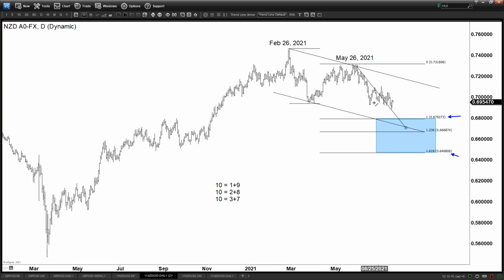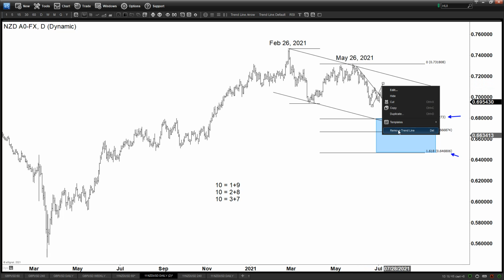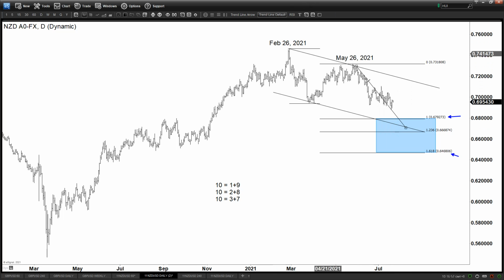So I wouldn't be surprised, for example, if we do some sort of larger degree correction first, maybe a bigger 3 waves from here, for example 1 2 3, or maybe, like I said, an expanded flat before turning lower. It is possible, because this one looks like it broke above this channel here, and this descending trend line seems to be acting as a support every single time here, right?